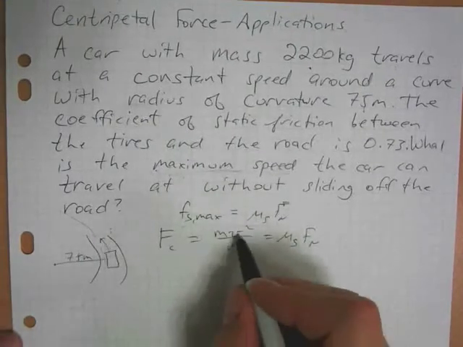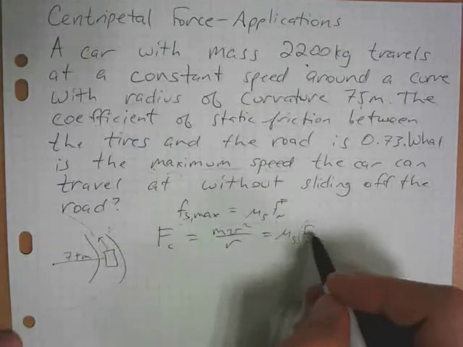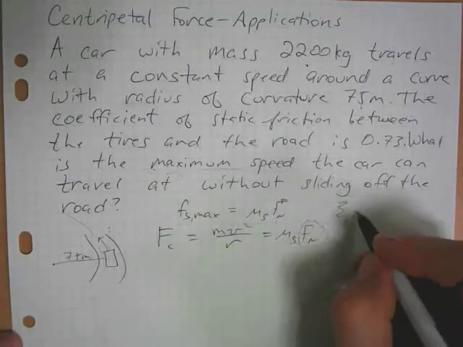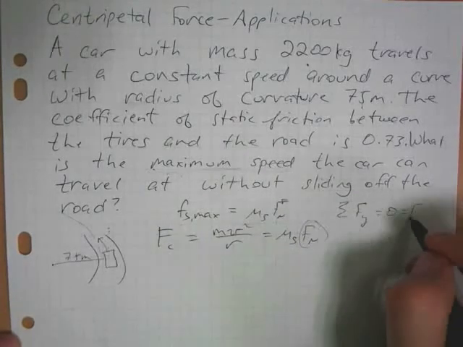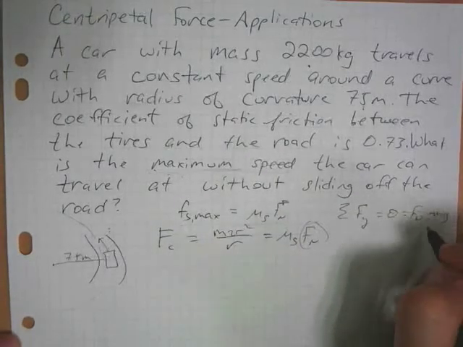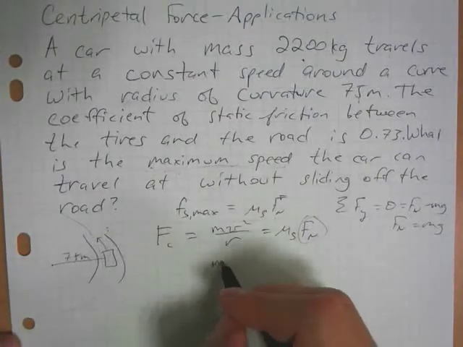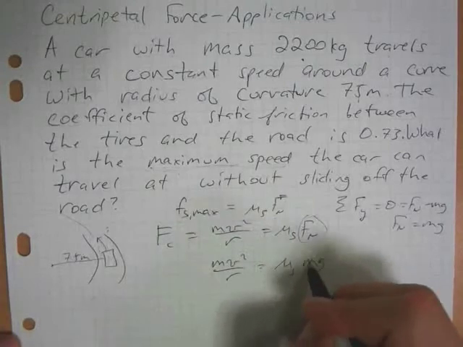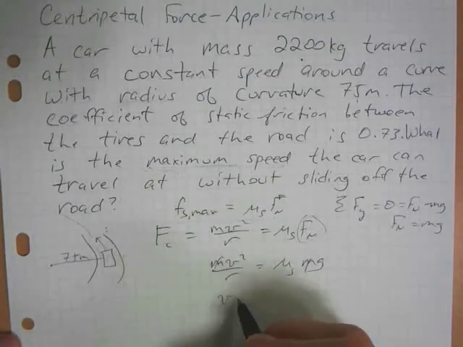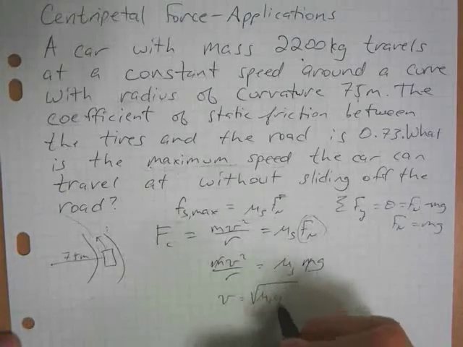In the vertical direction, there's only normal force and gravity acting. So in the y direction, we have a net force of 0, and we have normal force going up, mg going down, so our normal force is equal to mg. So we got mv squared over r equals mu mg, masses cancel out, and by rearranging we get v equals square root of mu g r.